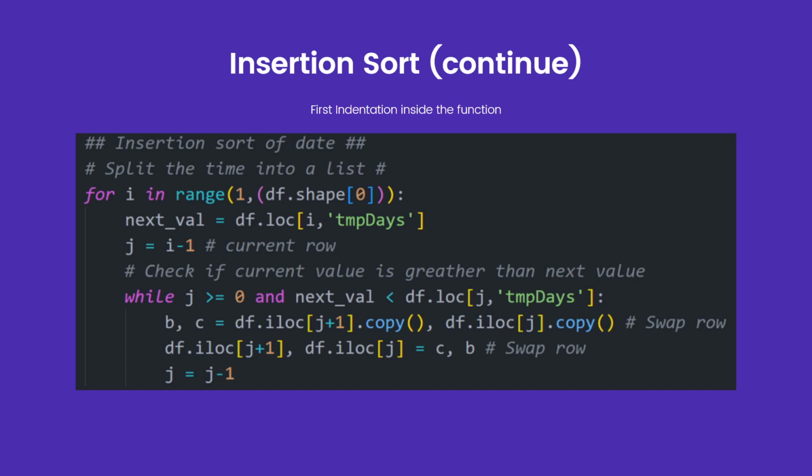The algorithm is simple, where it will iterate through every row in the table and compare whether the current value is greater than the next value in the days passed, or the temporary value that we created in the previous slide. If so, it will swap the rows and the process will continue until all of the values are sorted.